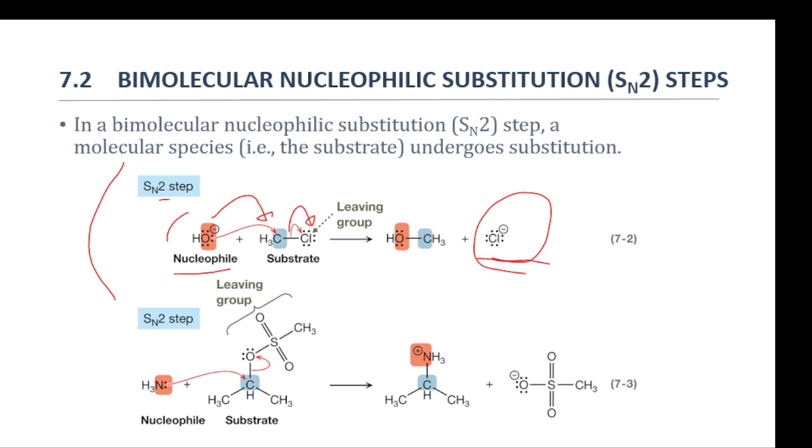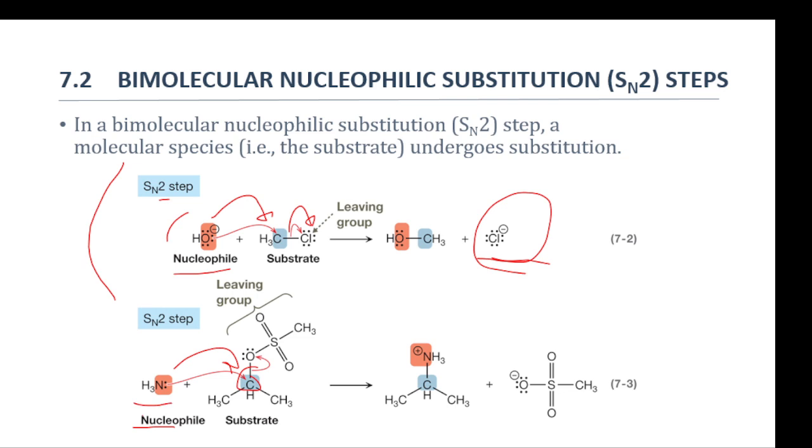Okay, so let's go ahead and look at another example of this. Again, this is an SN2 step. We have the nucleophile attacks the substrate. Again, this is going to be the positively charged site on the substrate. Positively charged carbon there. Okay, or an electron poor carbon, right? Okay. And then this is going to cause that to bond. Notice in this case, this started off with a neutral charge.